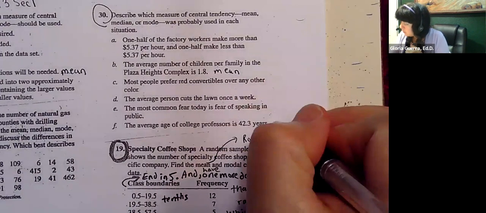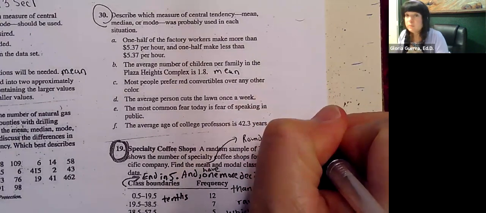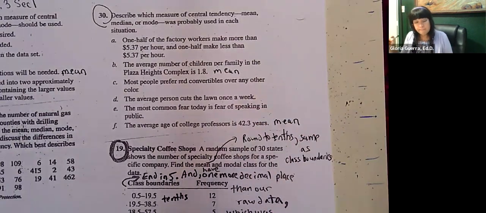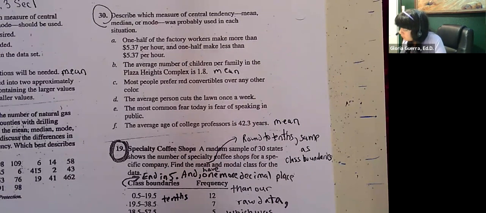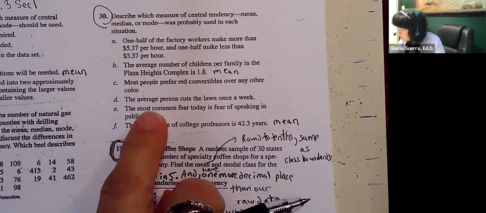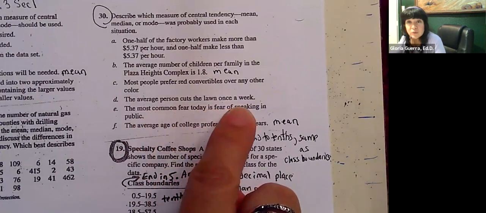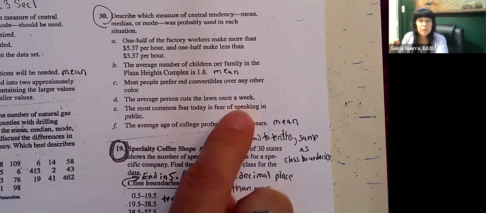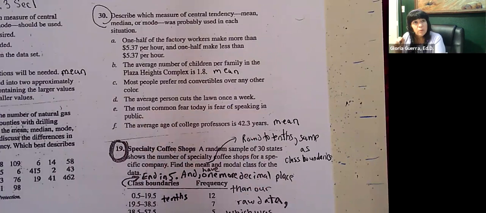That'd also be mean. You add them up and divide by how many you have. Now, the reason why D is not there: D also has the word average, but then it says once a week. Remember that problem where we were taking the data and the number of occurrences, which I believe was related to the mode, right? That's why I'm not going to highlight D as a mean.